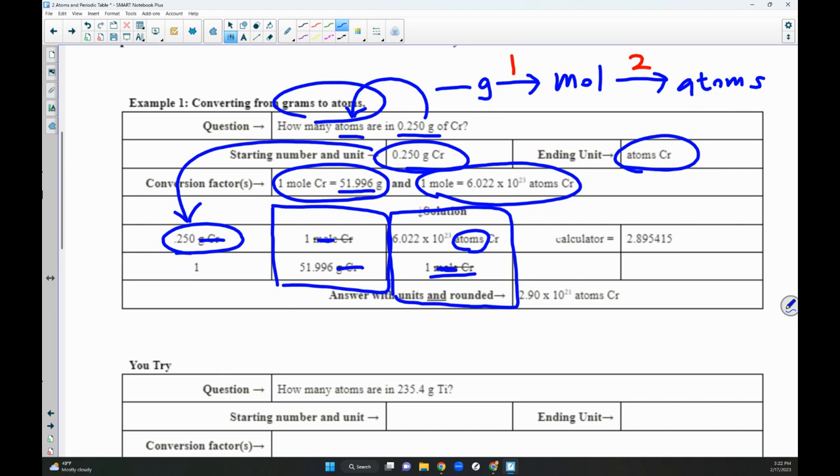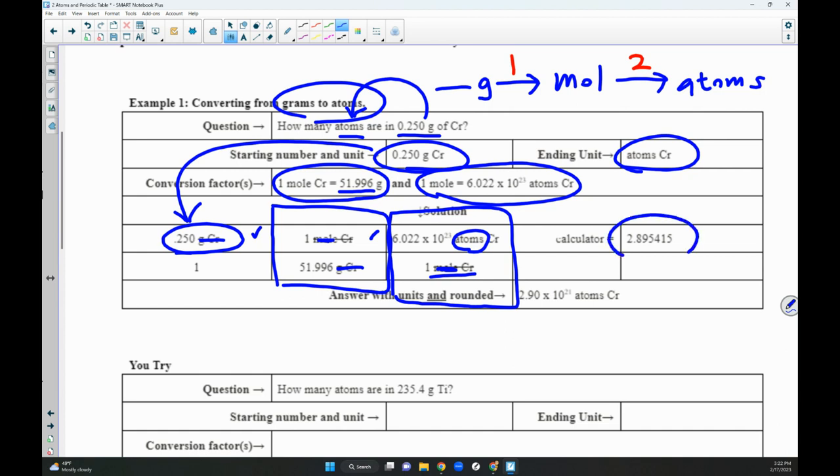Now for my last step, I multiply everything across the top. So I take 0.250 right here times 1 times 6.022 times 10 to the 23rd. And then I hit divided by 51.996 and enter.